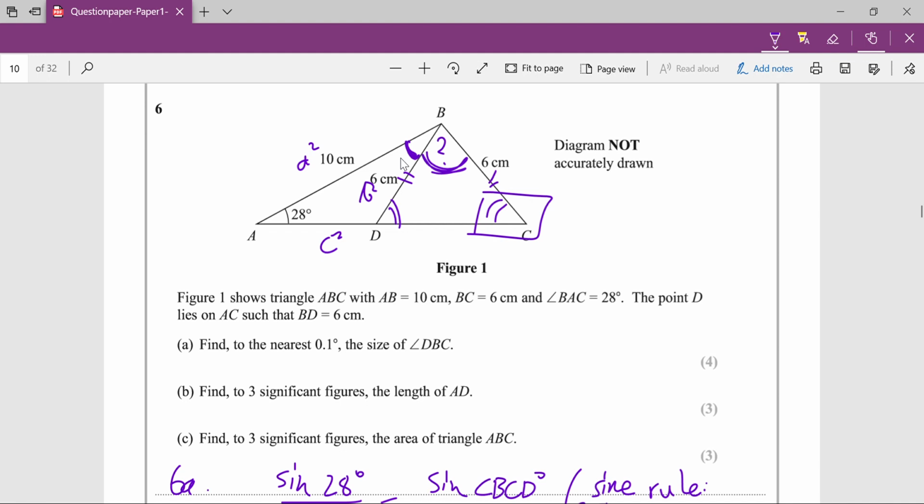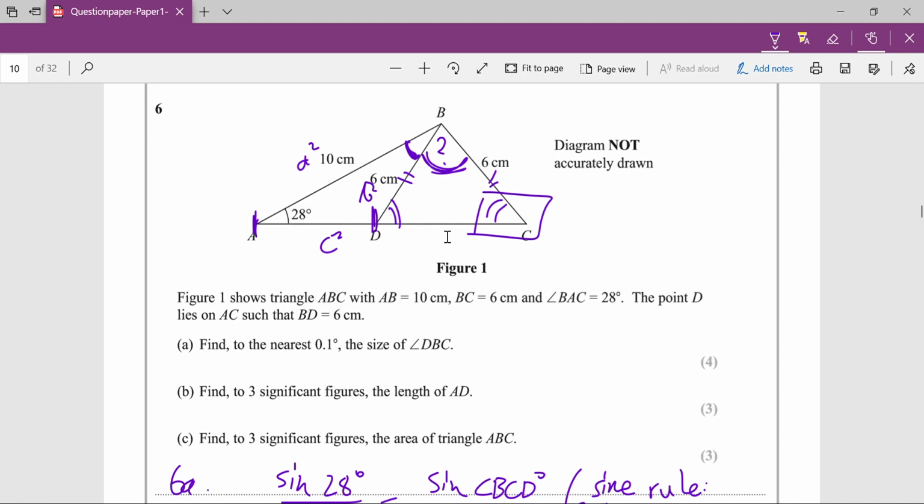Right, so how do we get to this angle? Or in fact, is there a simpler way of getting this side length? There may be two ways you can make a triangle with these two sides and this here.